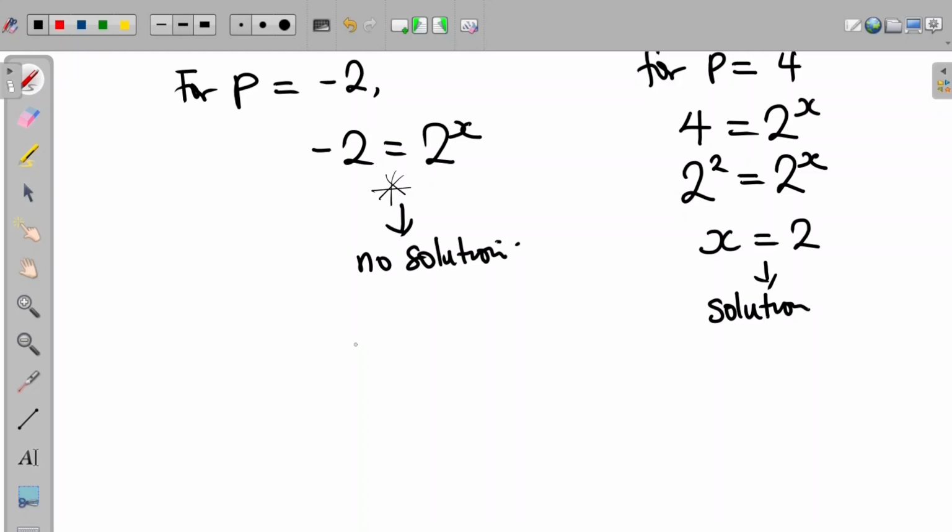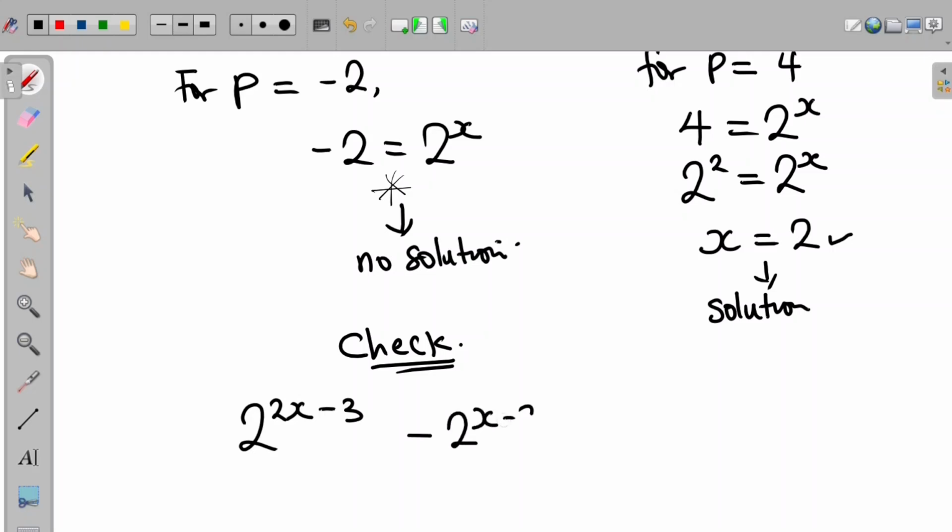So now let's check if our solution is correct. We are about to check if x equal to 2 satisfies our equation. The equation given to us was 2 to the power of 2x minus 3, minus 2 to the power of x minus 2, minus 1 equal to 0.